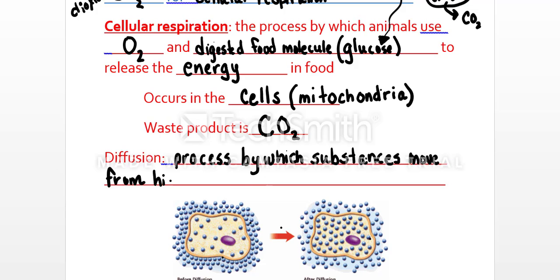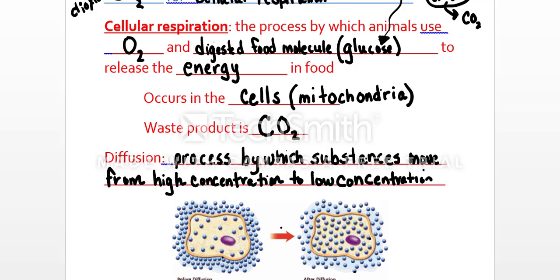And in science, we don't say where there's a lot. Instead, we say from where there's a high concentration, meaning a lot of them in a small space, to a low concentration, meaning less in a given space. Okay?